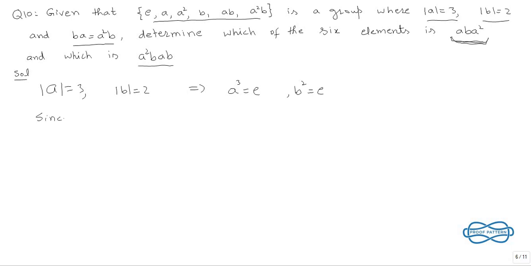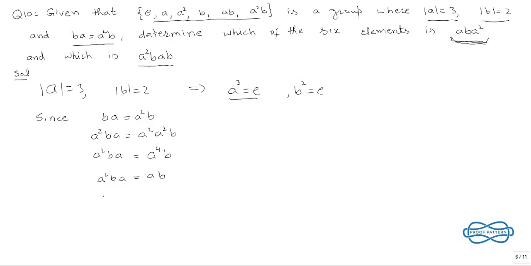Since ba is equal to a square b, if we multiply this equation with a square, we will get a square b a, and that will be a to the power 4 b, but we know that the order of a is 3, so it will be ab, and that is a square b a.